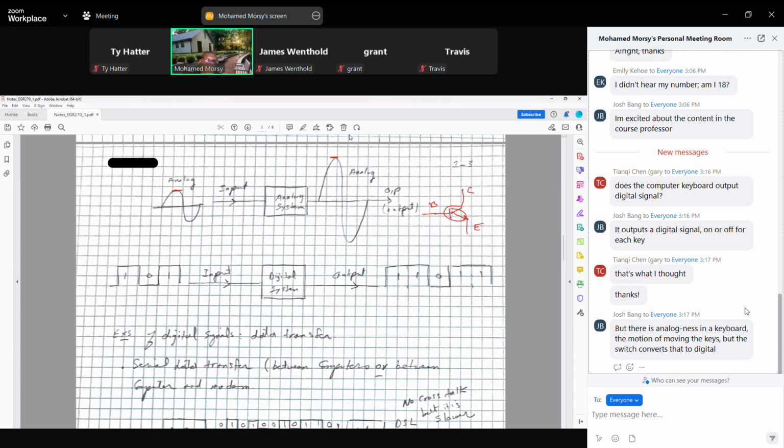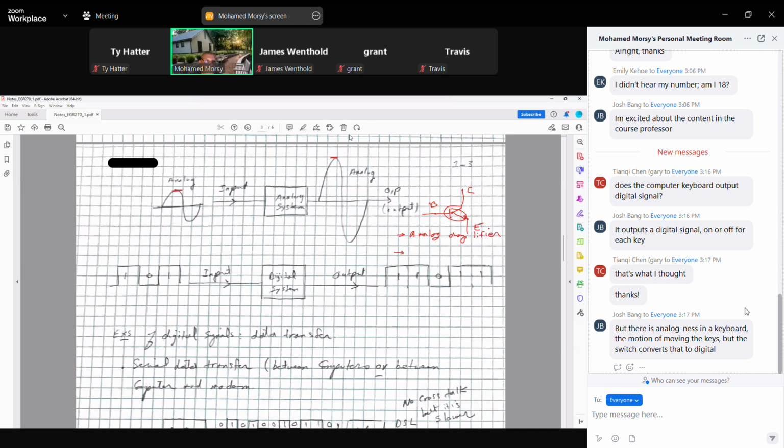But in analog, this transistor works as an amplifier.